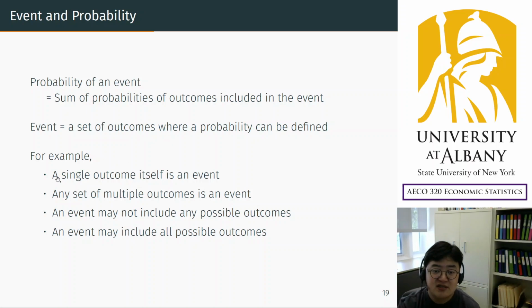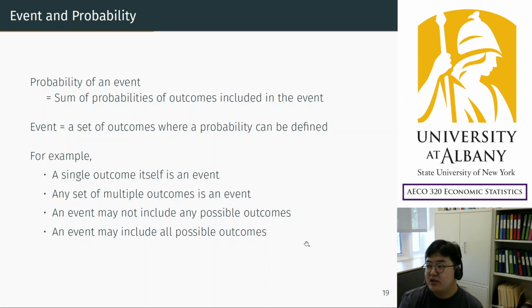For example, a single outcome can be an event, or any set of multiple outcomes can be an event. Or you can think about an empty set, an empty event. An event that does not include any possible outcomes has probability 0.